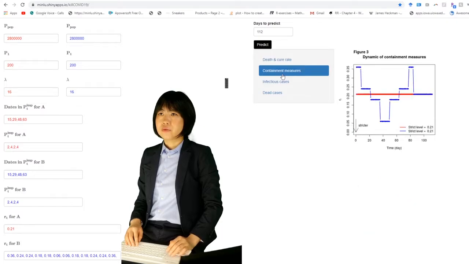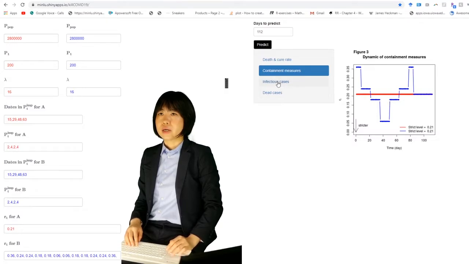The only difference is containment policy, where you can see that overall the two scenarios have the same level. However, scenario A has a constant level, where in scenario B the level is adaptive.